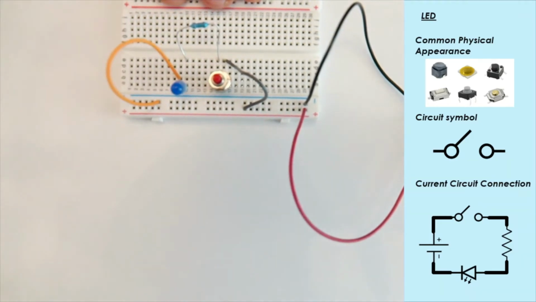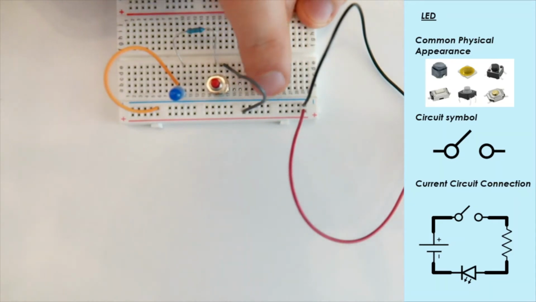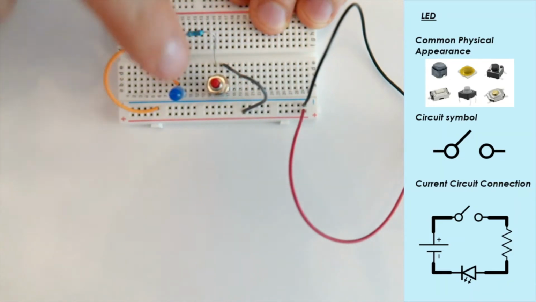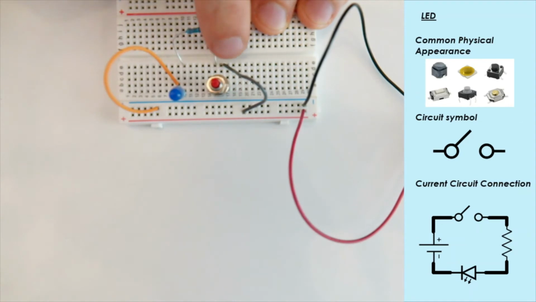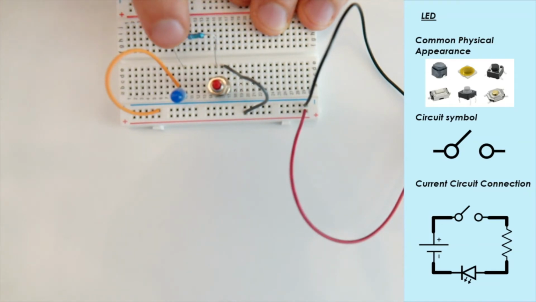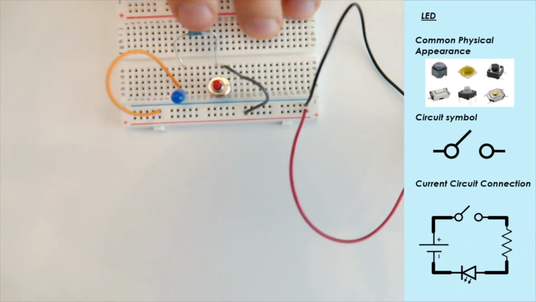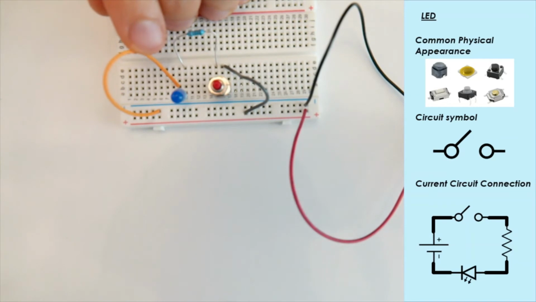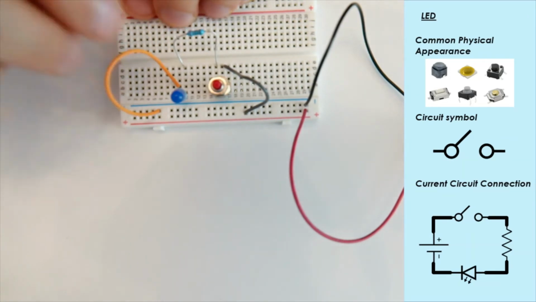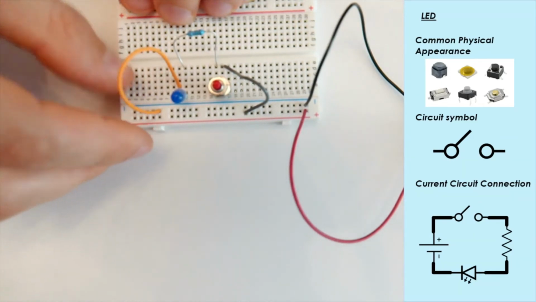Okay, so can we see we go from positive along the positive rail through this grey piece of wire into our switch, across our switch, into the next line, which we connect our resistor to. Remember to look back at this circuit diagram. So we're connecting the other end of our resistor to the positive leg of our LED because they're on the same rail. And then we connect the other end of our LED across to the negative side of our battery.